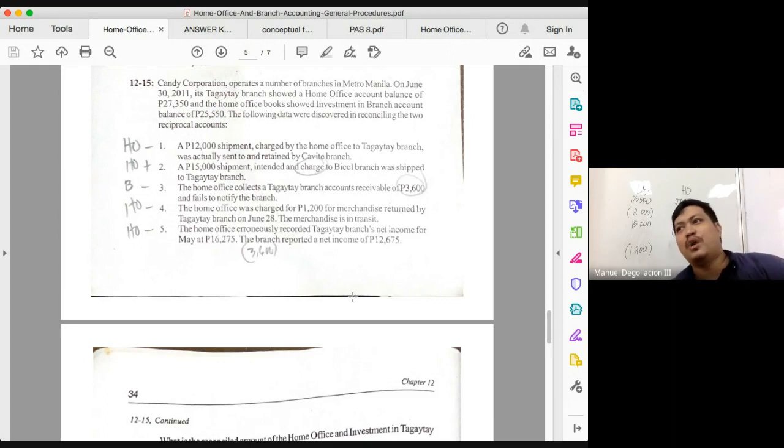So to correct that one, we will have to decrease the investment in branch account by 3,600. Again, this is where students would get confused. Okay, why are we making a reduction for the income when income is supposed to increase the reciprocal accounts? Okay, income is supposed to increase the reciprocal accounts, but in this case, it was increased by an overstated amount. So to correct that one, you deduct the 3,600.